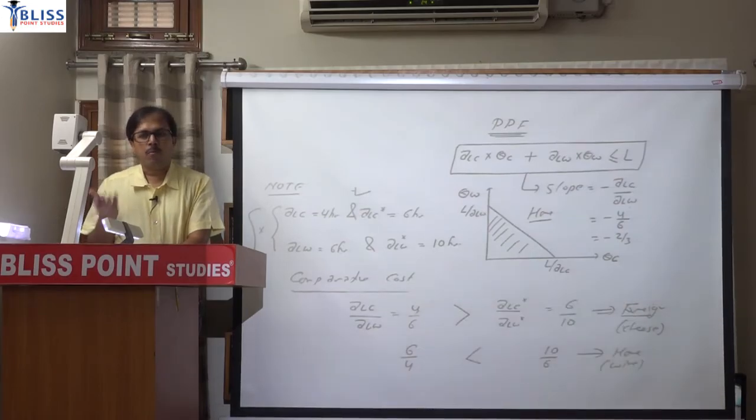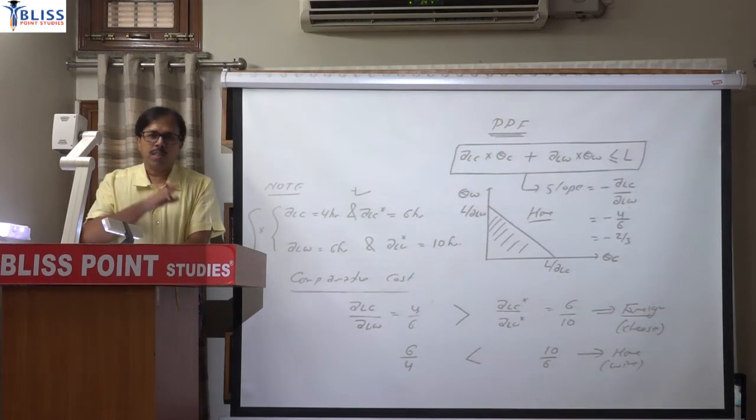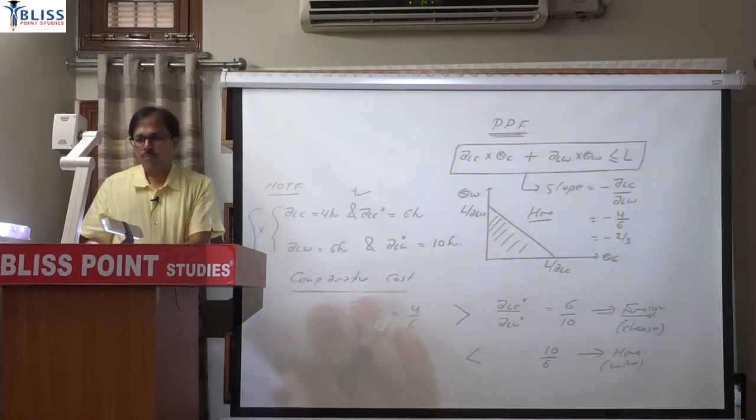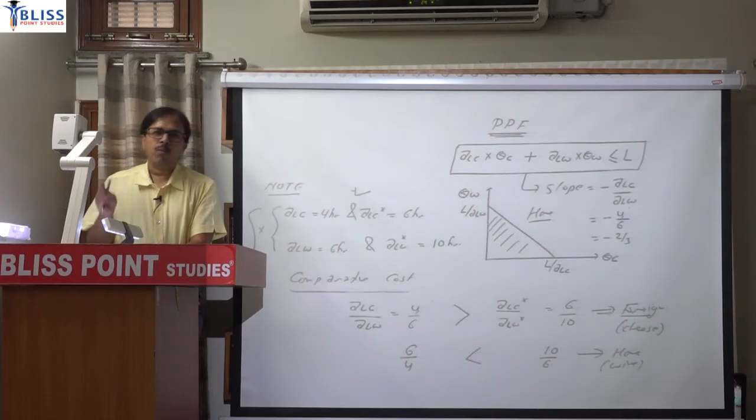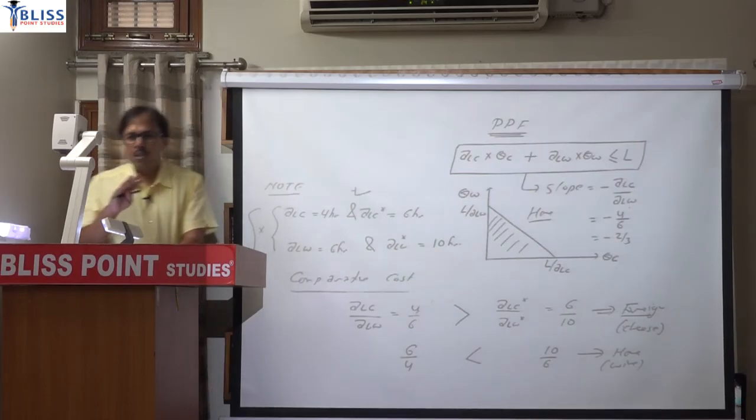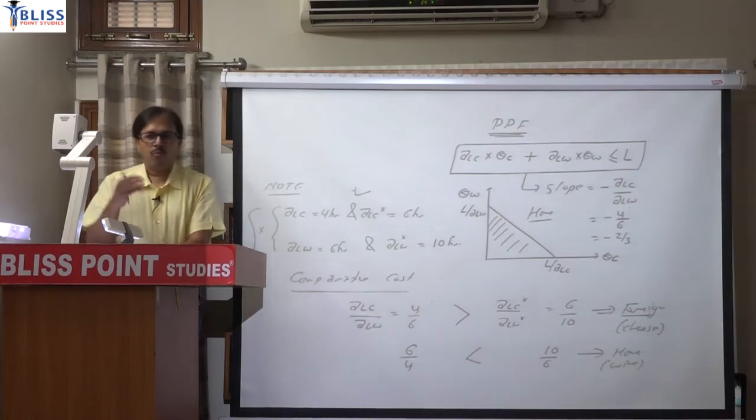Which product will actually be produced depends upon in which sector labor is moving. If labor is moving to the cheese sector, then cheese will be produced. If labor moves to the wine sector, then wine will be produced. Now labor is free to move within the country, but labor cannot move between the countries.